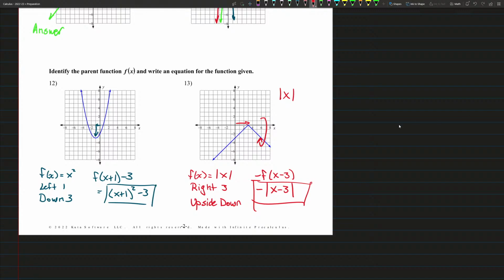Okay, it doesn't look like there's questions over those transformation problems, so I want to do one more inverse problem. And then I'll scroll through the rest, and then we will call it.